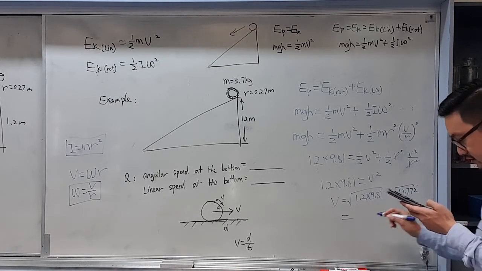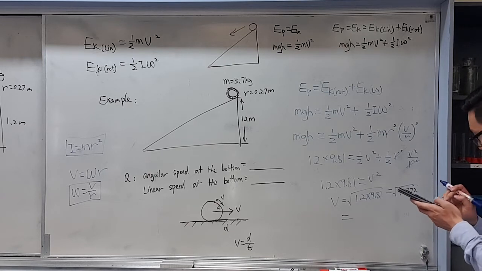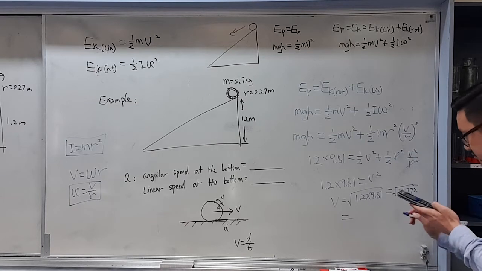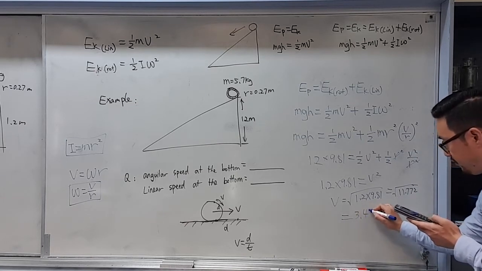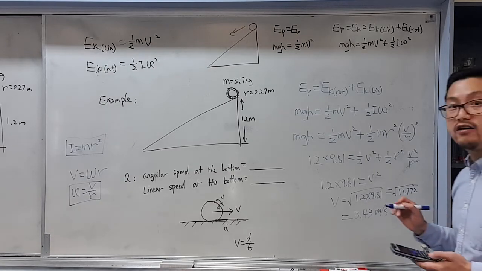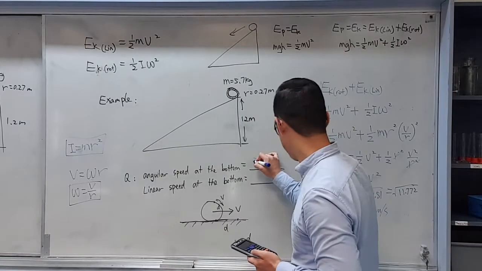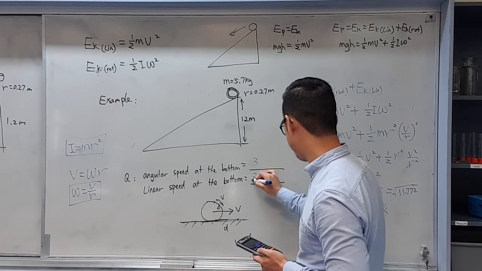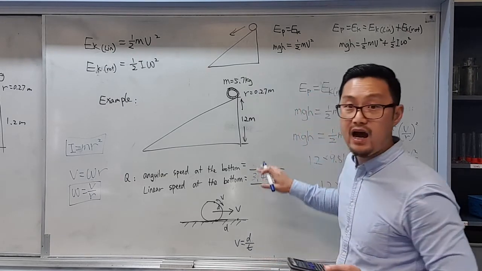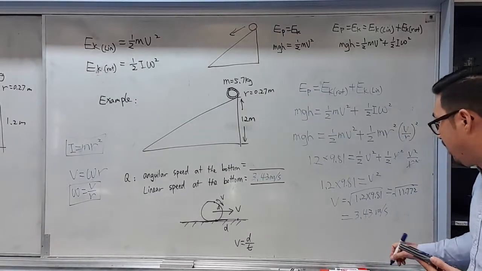Okay, and then square root of 11.772 will give me 3.43 meters per second. All right, so that is the answer. 3.43 meters per second.